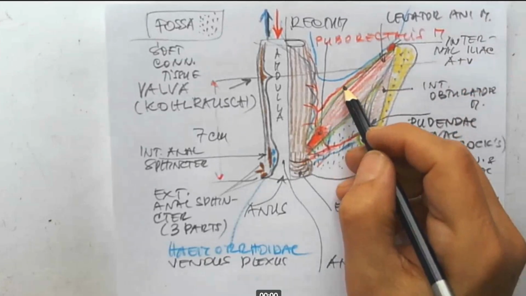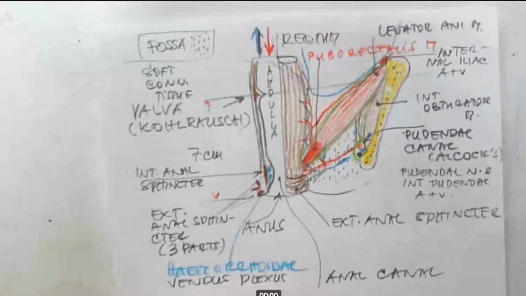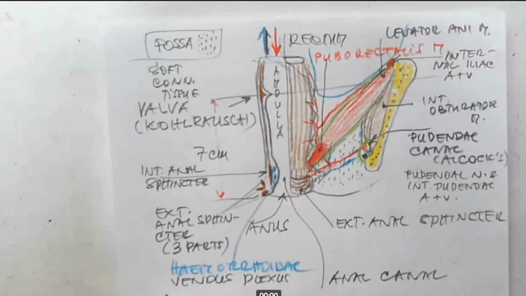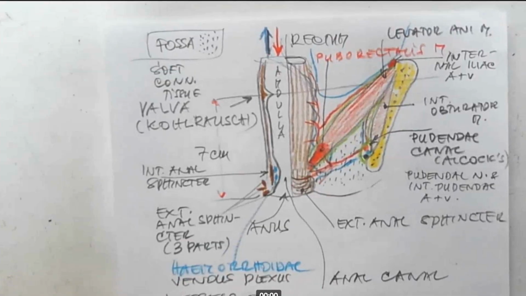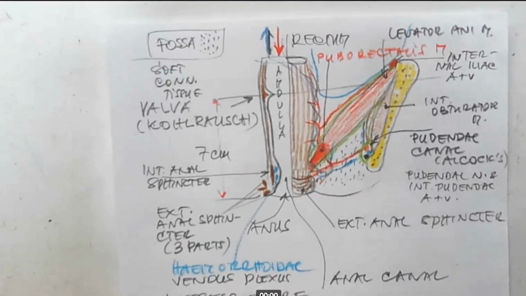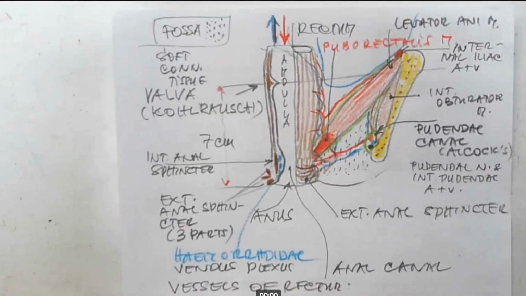It's in a closer position, but it doesn't matter. I would just add the vessels of the rectum, and they are arteries and veins.